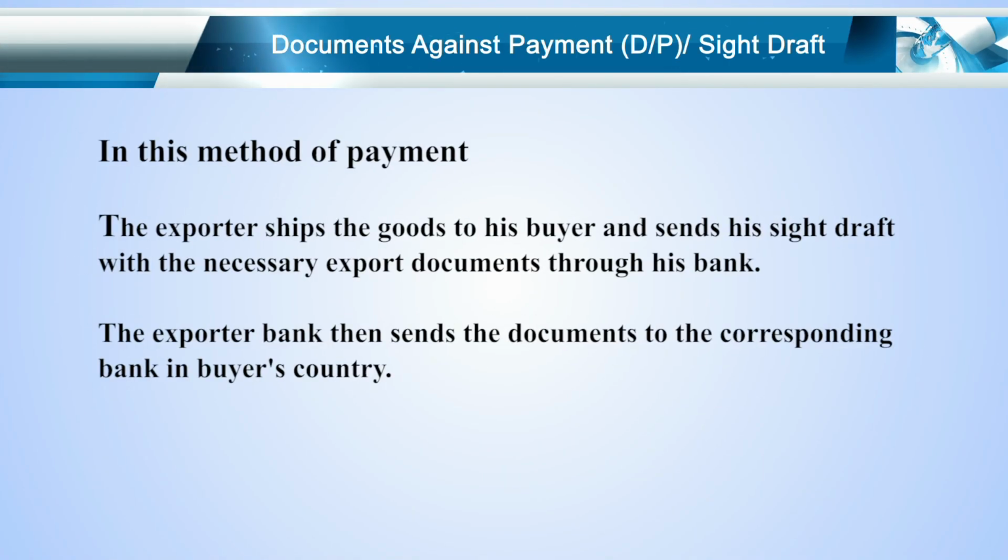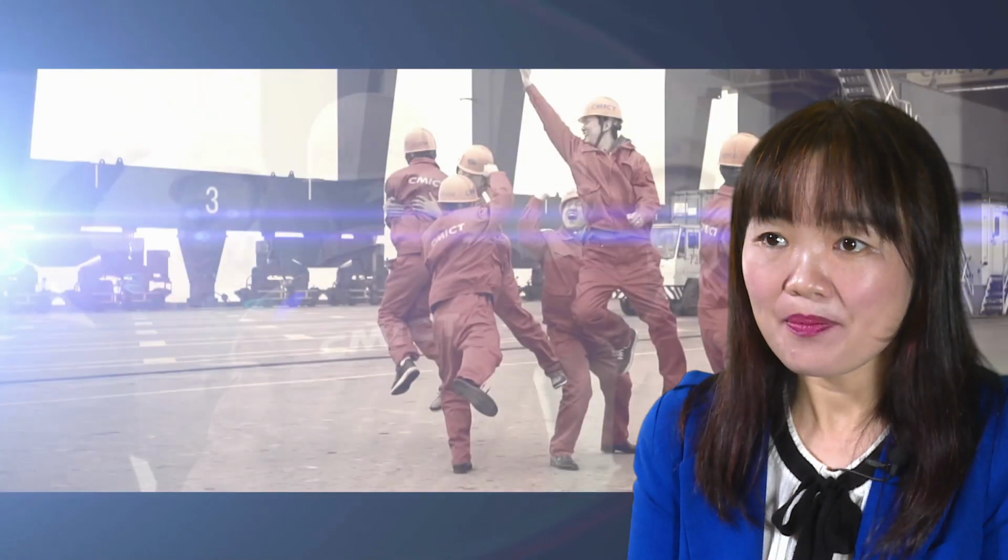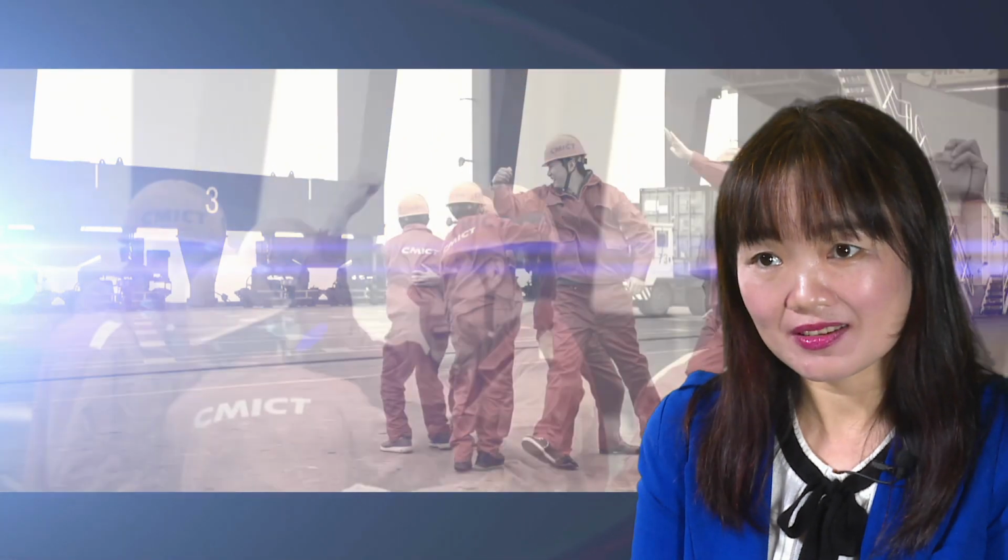In DP, the exporter ships the goods to his buyer and sends his sight draft with the necessary export documents through his bank. The exporter's bank then sends the documents to the corresponding bank in the buyer's country. The bank of the importer asks the importer to pay the draft at sight and release the documents.